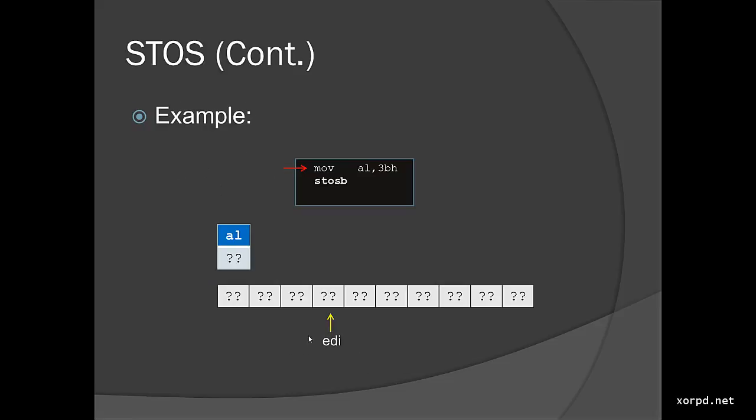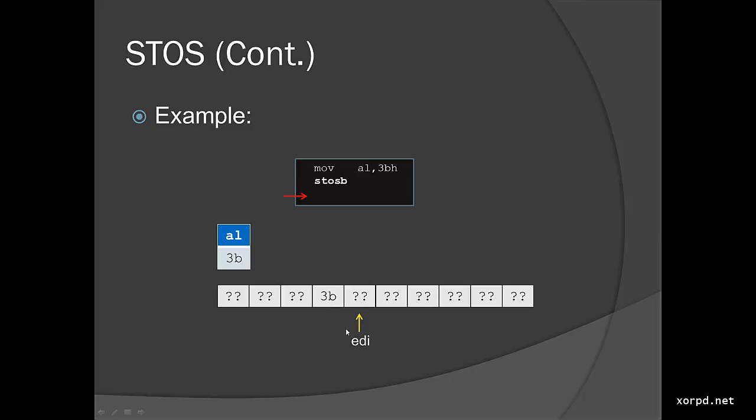Let's look at a simple example. First we initialize AL to be the value 3B, and next we use the STOSB instruction to store the value AL into the location pointed by EDI. So we get this effect of storing 3B into the location where EDI was.